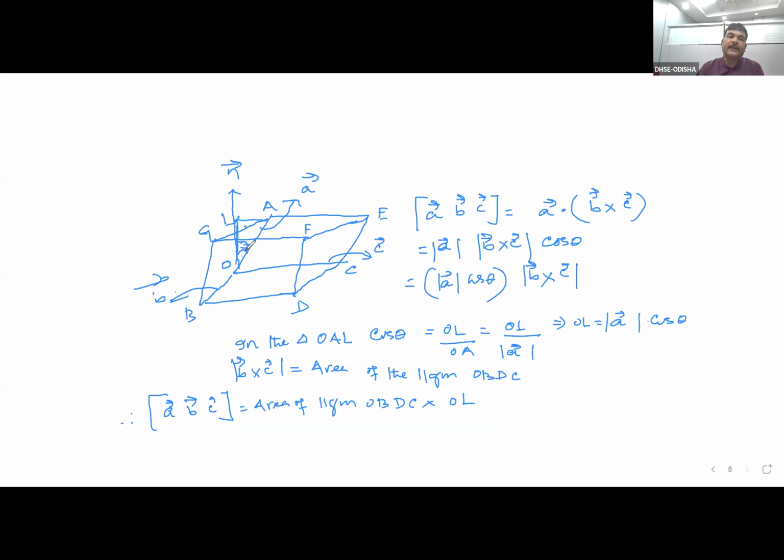Area of the base into height is equal to the volume of the parallelepiped. Okay, this is the geometrical interpretation of scalar triple product. I hope it is clear.